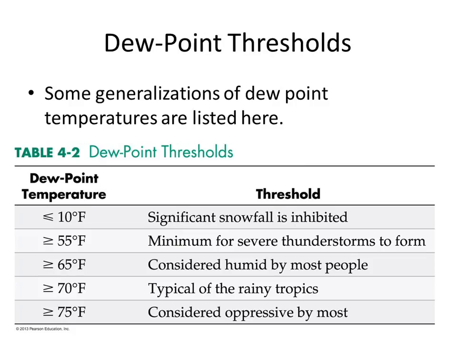If your dew point temperature is 55 degrees Fahrenheit, then you must be warmer than 55. A dew point of 65 degrees Fahrenheit in the summertime is going to be one of our muggy days around here. In the rainforests, with high humidity and high temperatures, dew point temperatures are often in excess of 70 degrees.